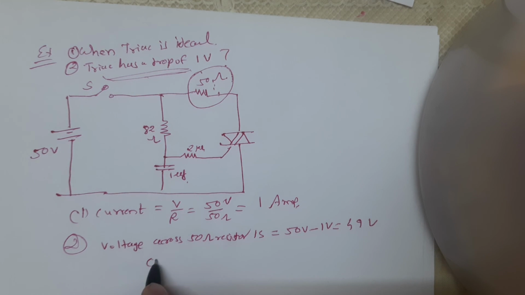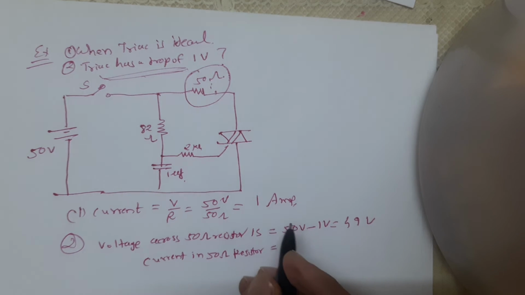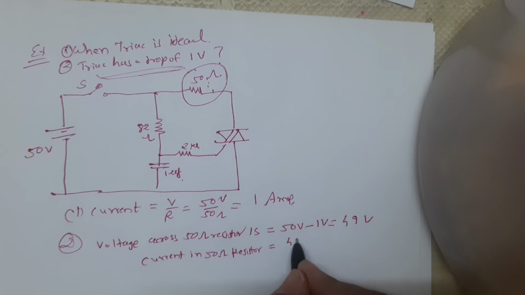Therefore, current in the 50 ohm resistor is equal to 49 volt upon 50 ohm. This is equal to 0.98 ampere.